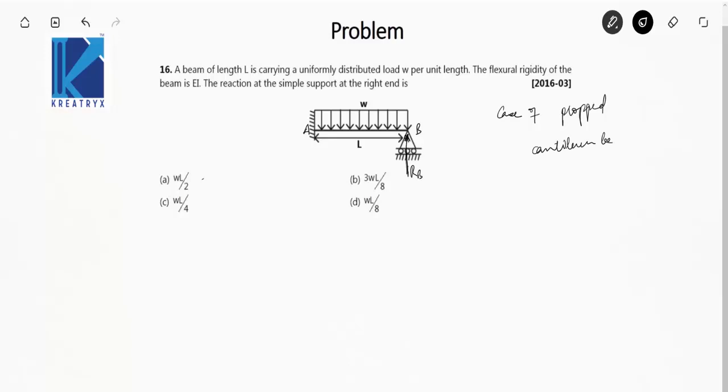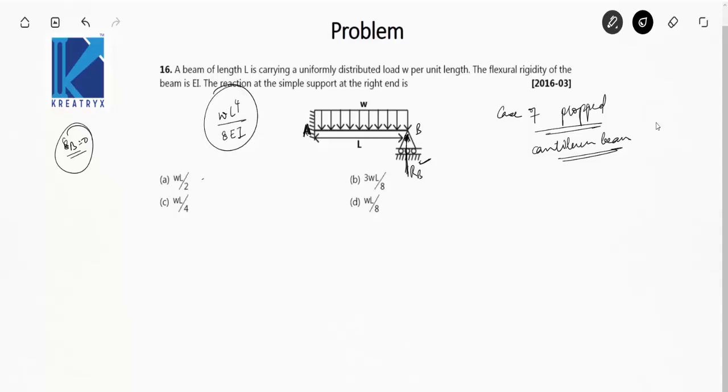Due to this reaction RB, the deflection at B is 0. We know this. But if there was no support at point B, the deflection would have been WL to the power 4 upon 8EI.